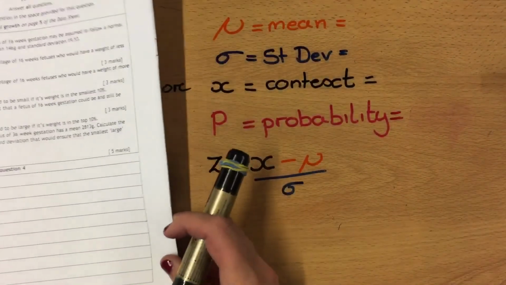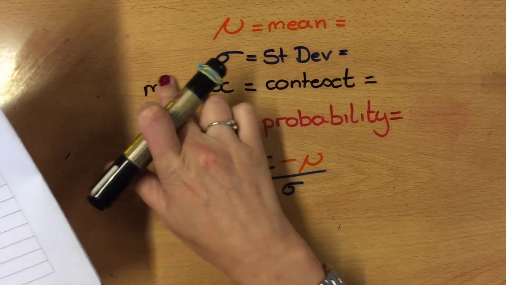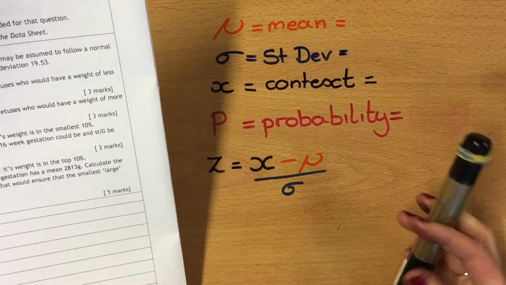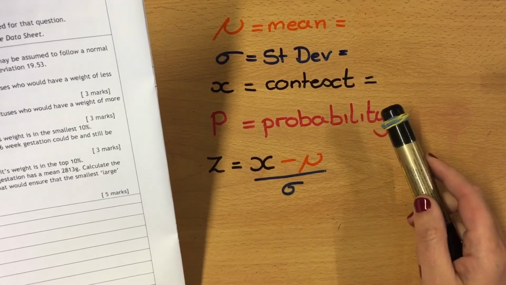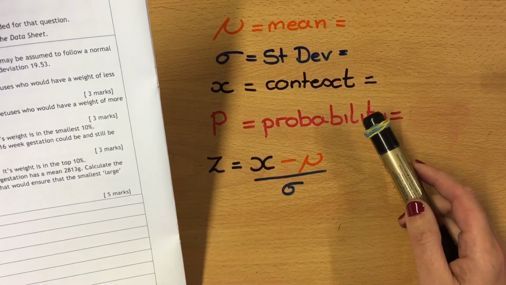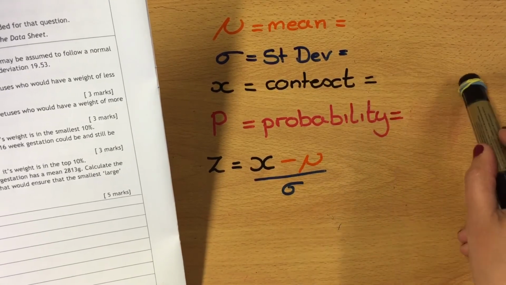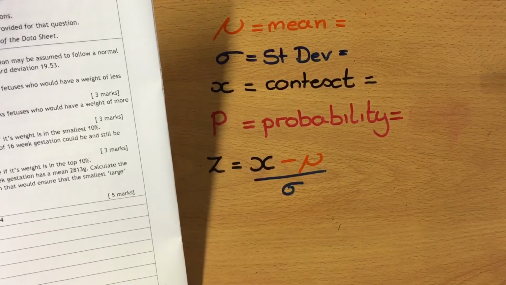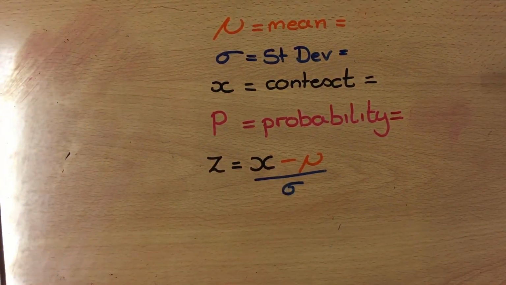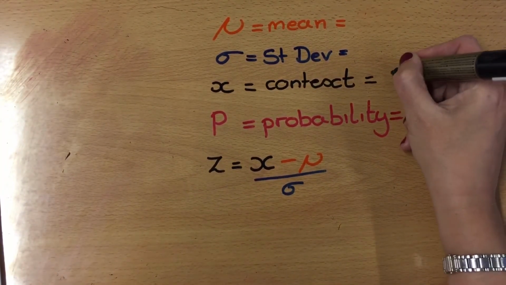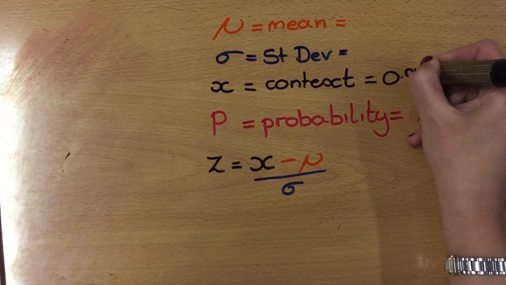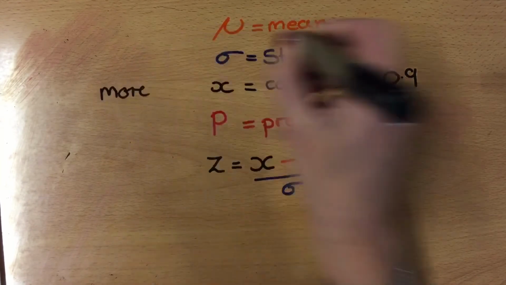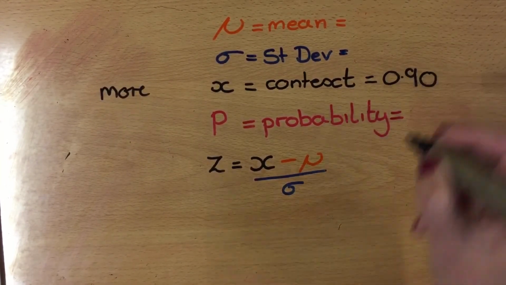So the top 10% is going to be more than, and if it's in the top 10%, it's greater than 0.9. So we're looking at something that is more than 90%.